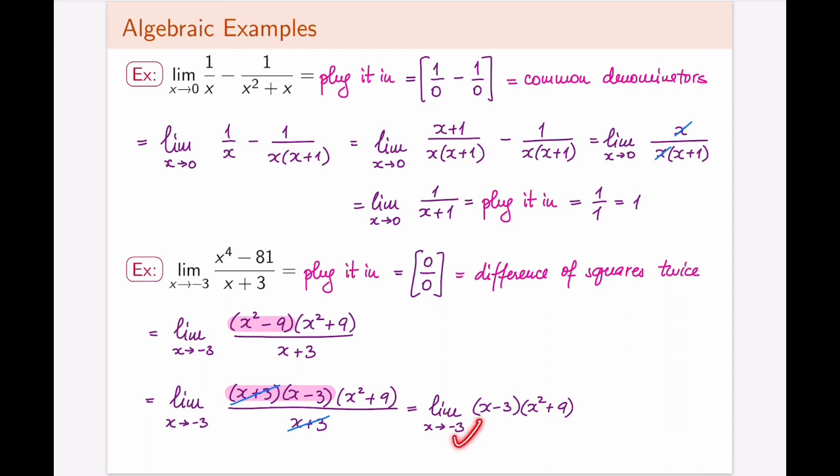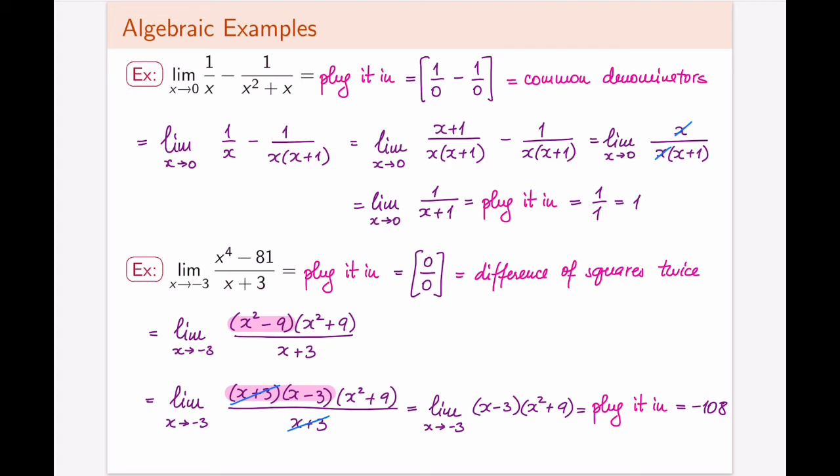So I can plug the value for x in, and I am fairly certain that this will result in the answer immediately. If I plug this in, I get that this is negative 6, and this is equal to 18. So altogether, I have minus 108. Okay, so the value of the limit for this function is minus 108.